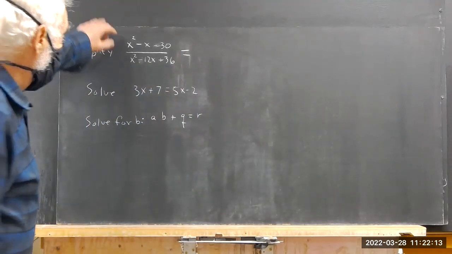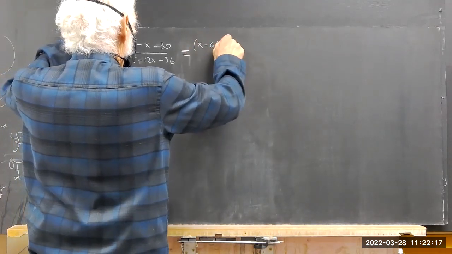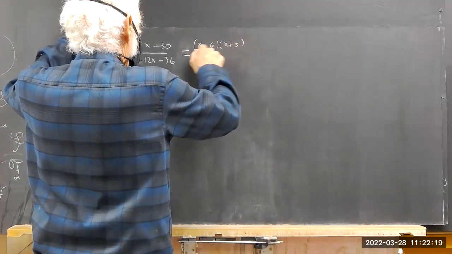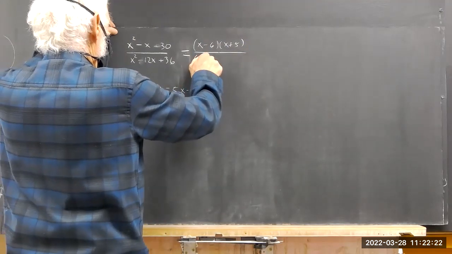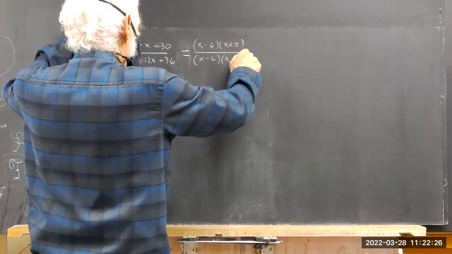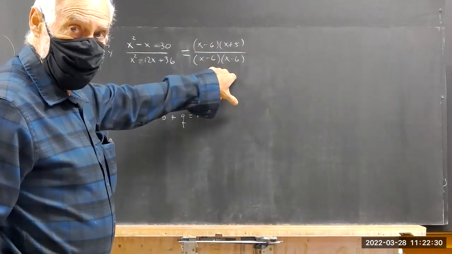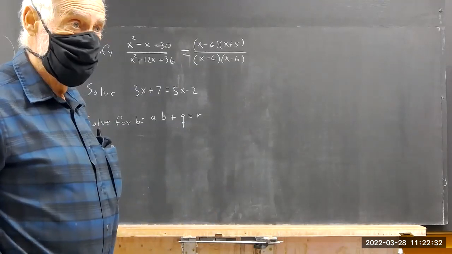Okay, so here we have... I could write that as x minus 6 squared, but we just want to think x minus 6 times x minus 6.